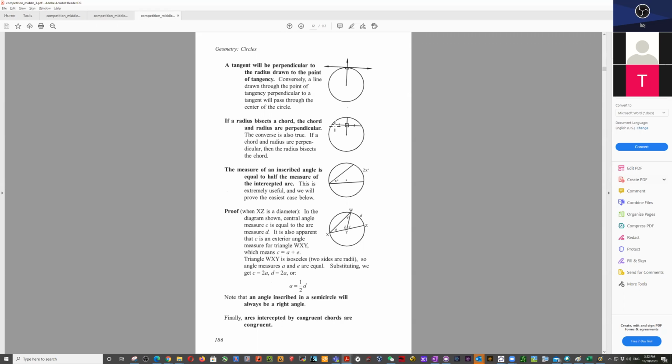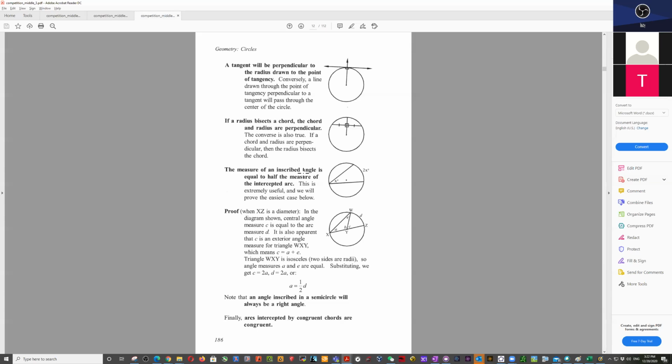Also, the perpendicular bisector of a chord will pass through the center. It's the radius. If the radius bisects a chord, then they will be perpendicular.